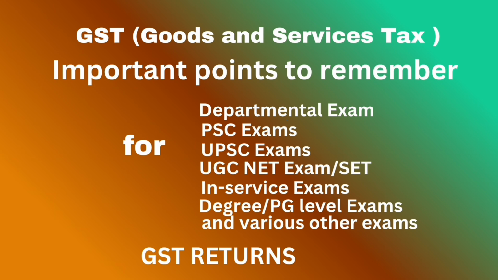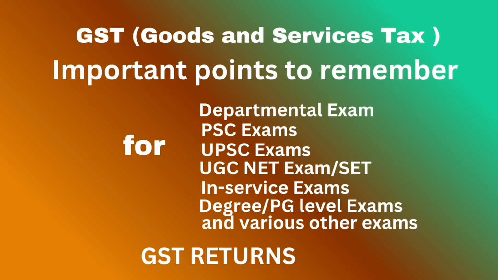Then next, Form GSTR 5 for non-resident taxable persons, NRTPs. GSTR 5 details to be furnished: details of inward supplies and details of outward supplies. Frequency: monthly.